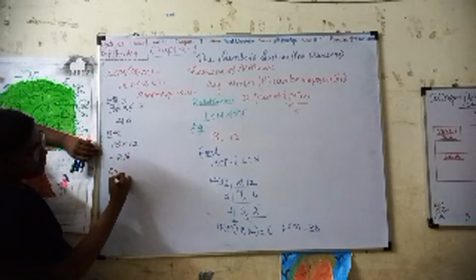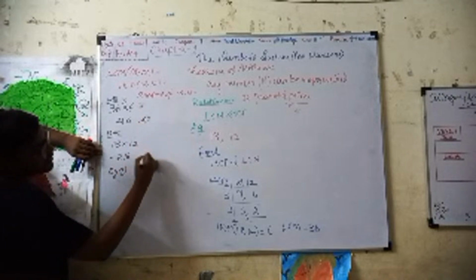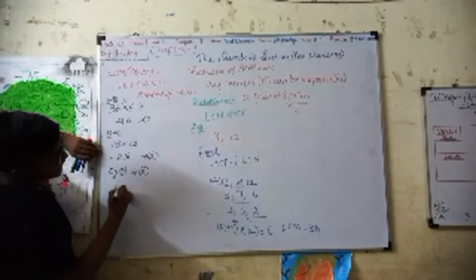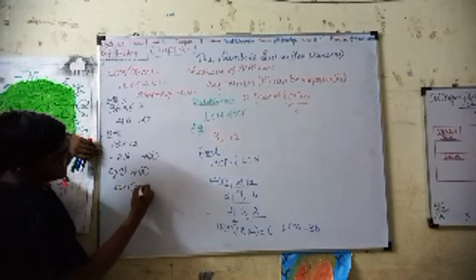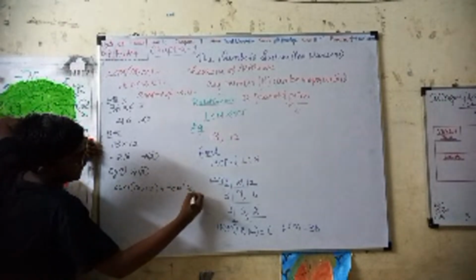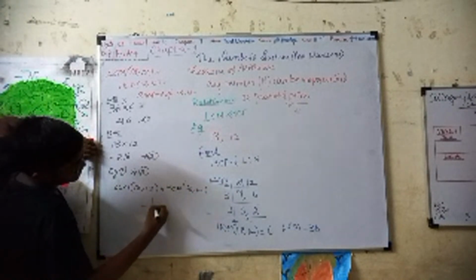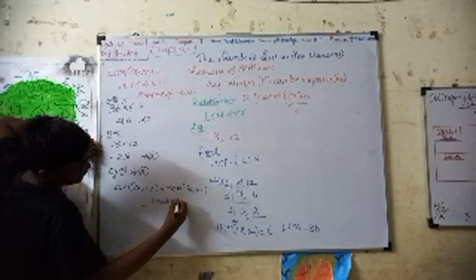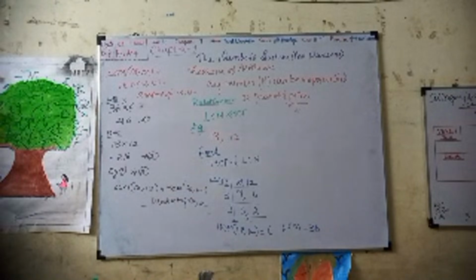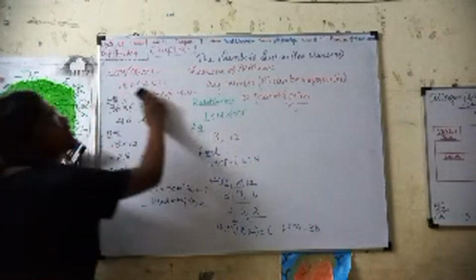So by 1 and 2 what we can tell: LCM of 18, 12 into HCF of 18, 12 equals product of 18, 12. So this is the relationship between two natural numbers.